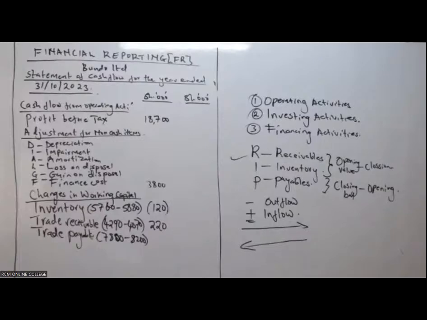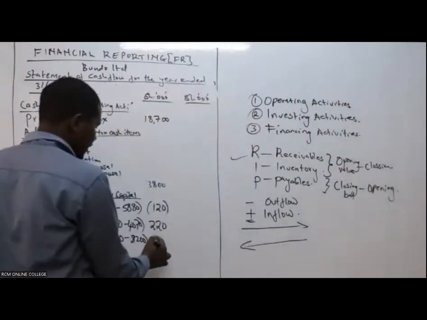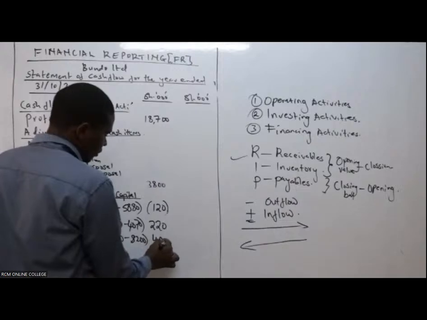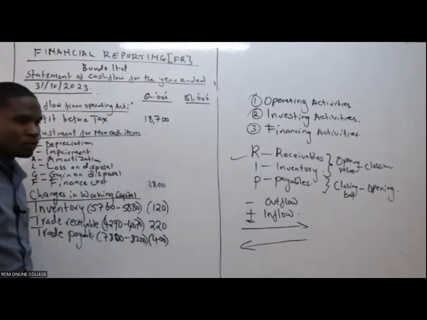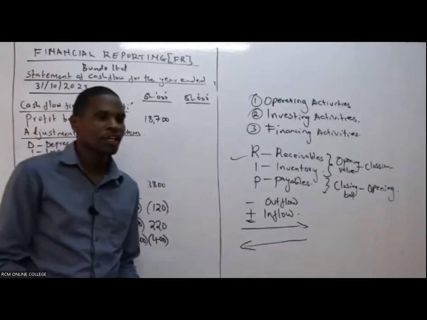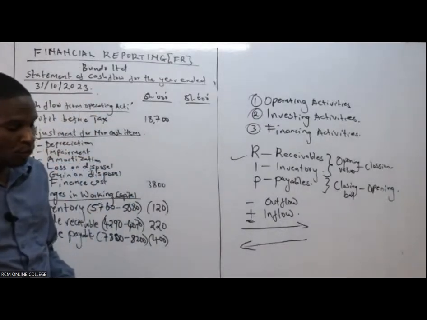Watu wanapata 400, which is a negative. Asante. 400, which is a negative. That means there was a what? An outflow. So our cash reduced by 400.